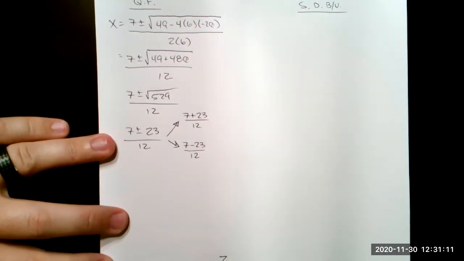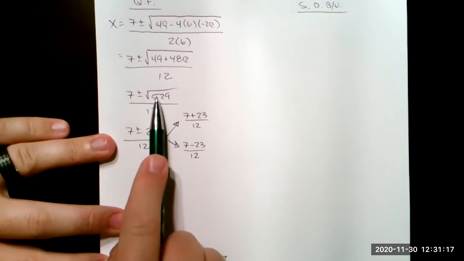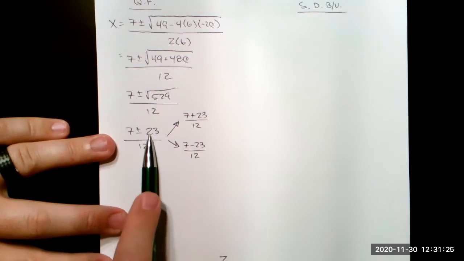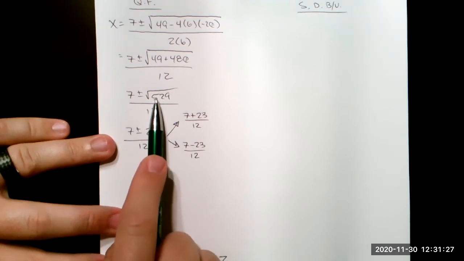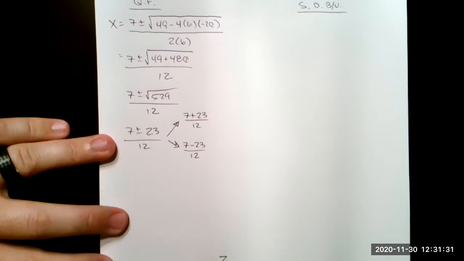Let me emphasize something again. The square root of 529, once you take the square root, that sign goes away. So the square root of 529 is just 23. It's not the square root of 23, okay? That's another common mistake I see people do. Once I take the square root, now it's just 23. The square root sign is gone.